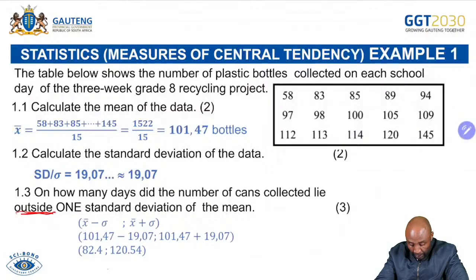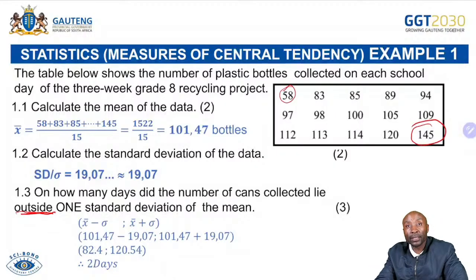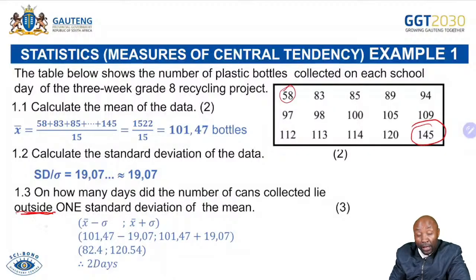So we have 120.54, and we also have 82.4, and this means the only data items that are outside are this one and that one, which gives us only 2 days. Those are outside. And please, if we're answering questions here, we must be able to read the question correctly. The question can either be worded as within.